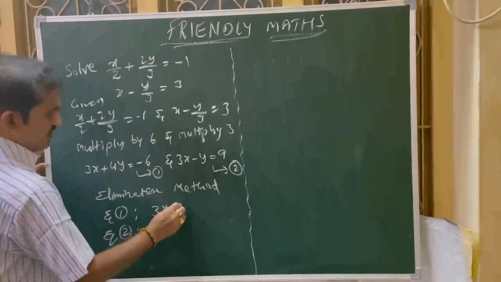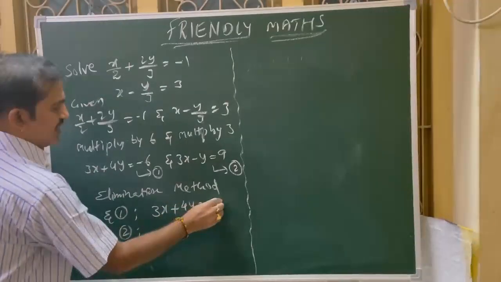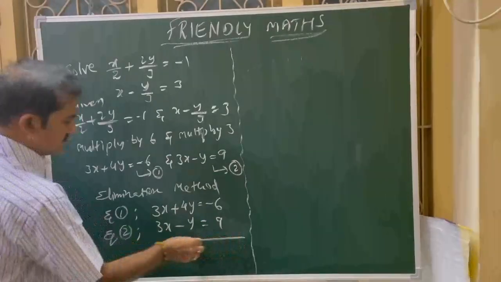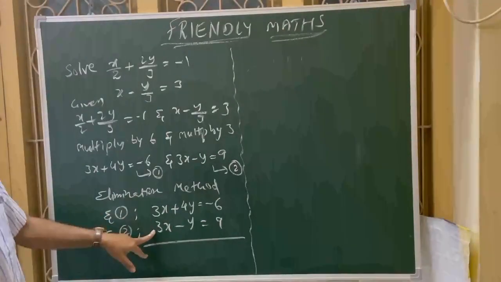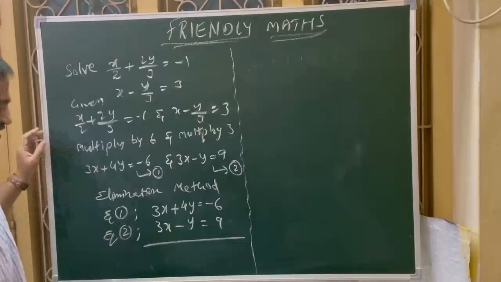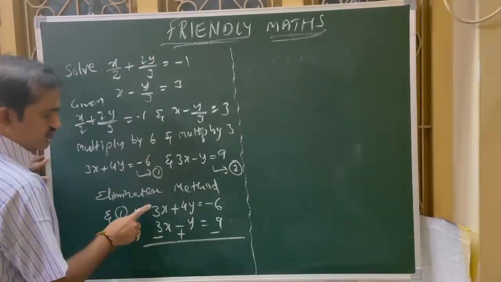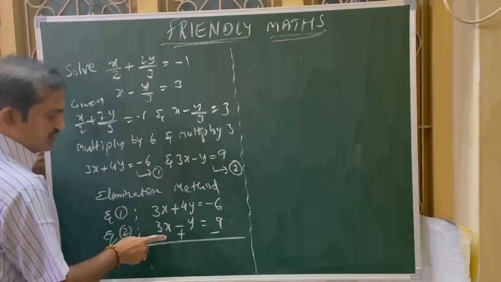Okay. 3x plus 4y is equal to minus 6. 3x minus y is equal to 9. Here 3x is there. By subtracting only we can eliminate. That's why in subtraction we have to change the sign. Here also you are required to change the sign. Don't change only this particular term.